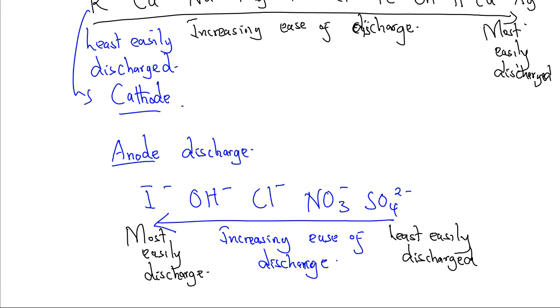So remember, if you compare hydroxyl ion and sulfate ion, then the hydroxyl ions are preferentially discharged to sulfate ion. So that is the position of the ion in the electrochemical series, and we've seen what will control the discharge.